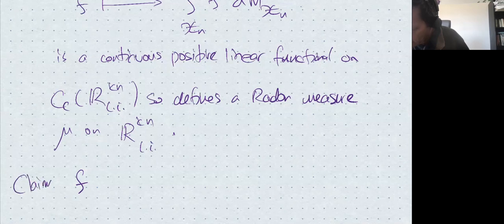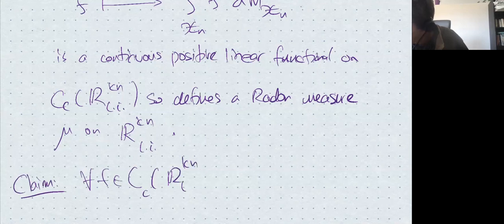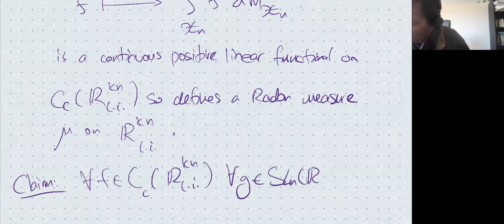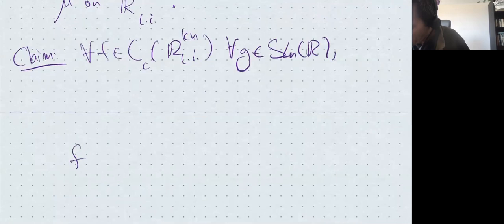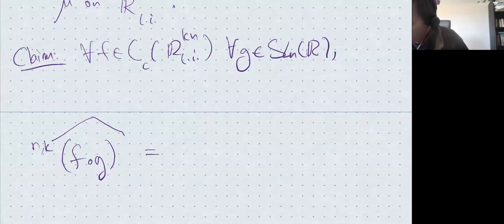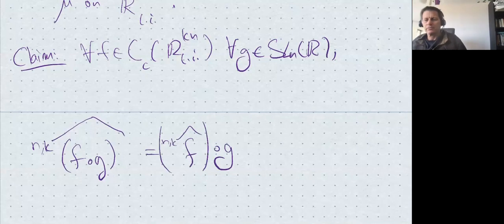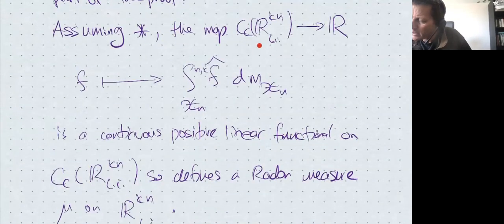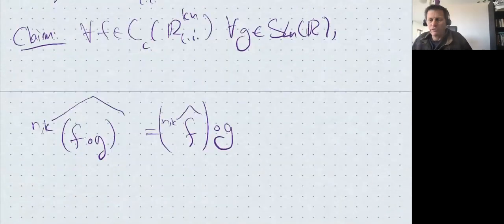Claim: for every function f and every element g of SL_n(R), if I first compose f with g and then take this transform, that's the same as taking the transform and composing it with g. g is acting on two spaces, this space and also this space, and so it's also acting on functions on this space and functions on this space. And I'm claiming that this mapping is equivariant, and that's just a simple check.